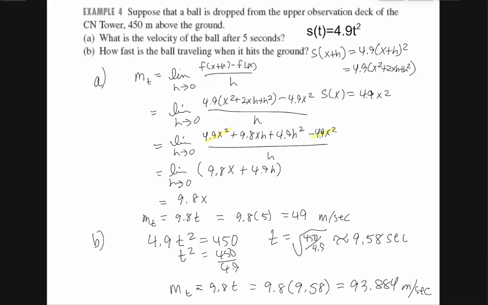If we're dealing with feet, you'll see 32 and 16 for the same reason, because of gravitational pull. Okay, so that is a little example there about some physics stuff. Do we have any questions about that one? Kind of makes sense, maybe a little bit.